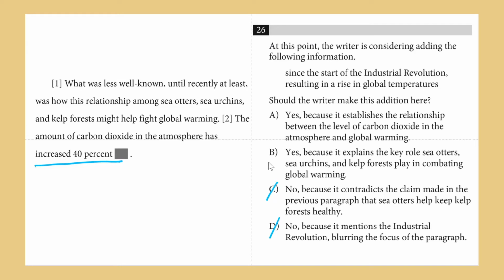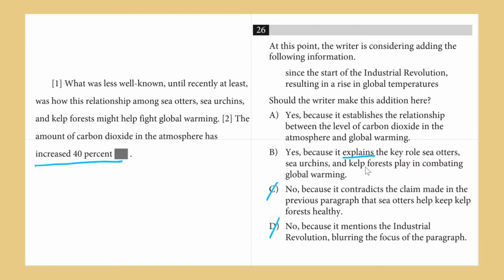B says yes, because it explains the key role sea otters, sea urchins, and kelp forests play in combating global warming. So this might be a convincing answer to some of you because you see that in the first sentence there, they mention all of these sea creatures. However, I want you to pay attention to this word. It explains.